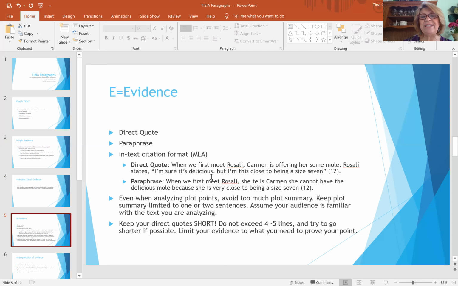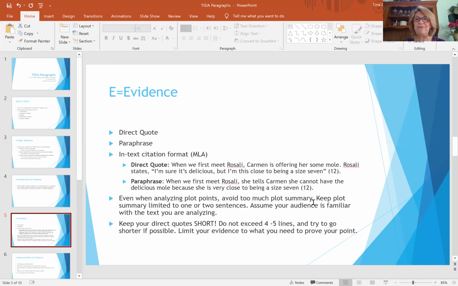"I'm sure it's delicious, but I'm this close to being a size 7," end quote. Notice that the page number of the source comes after the end quotation marks, and the final punctuation comes after the page number. This is the way we do smaller quotes within a sentence.